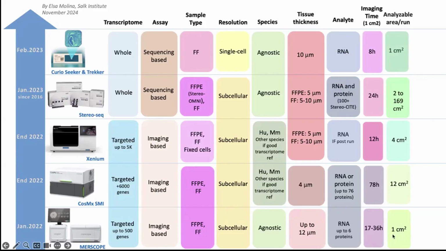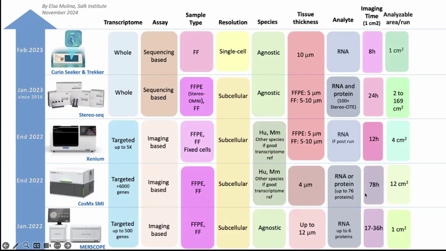But for example, with the Xenium, you can run 4 square centimeters of tissue per run, and it will take only 12 hours to detect 1 square centimeter. So this is quite fast compared to the MERSCOPE.